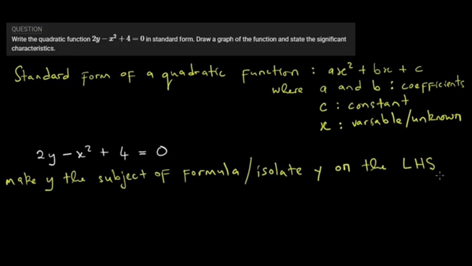We also have the right-hand side. So this is called the left-hand side because it is on our left, and this is the right-hand side, which is on our right. So we want to isolate y on the left-hand side. That is making y the subject of formula. How do we do that?